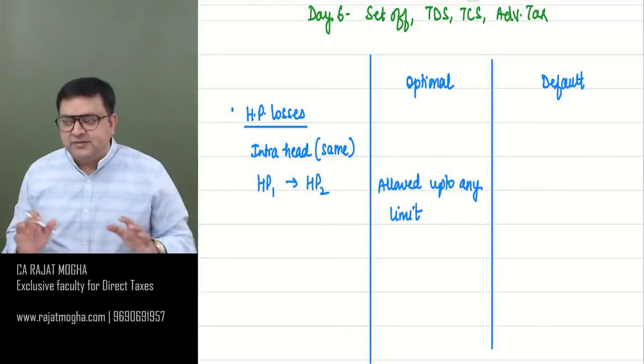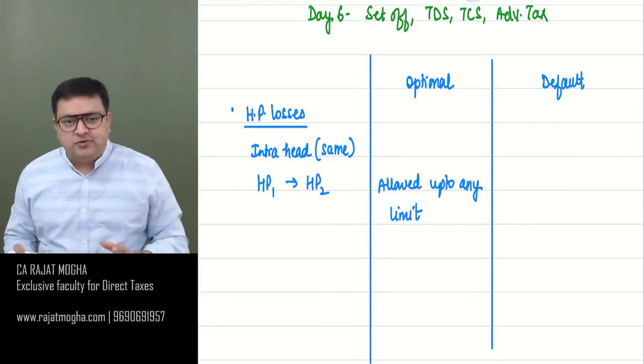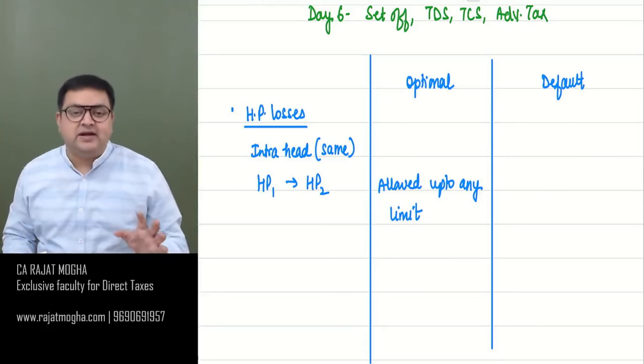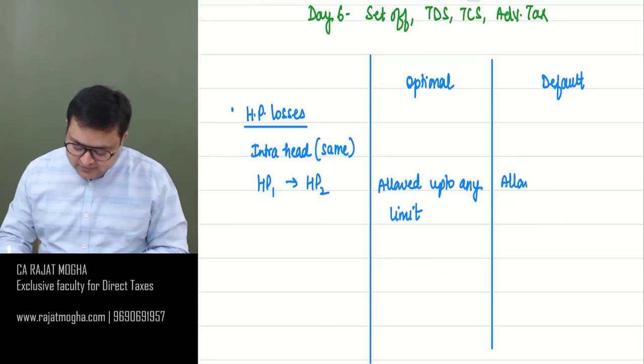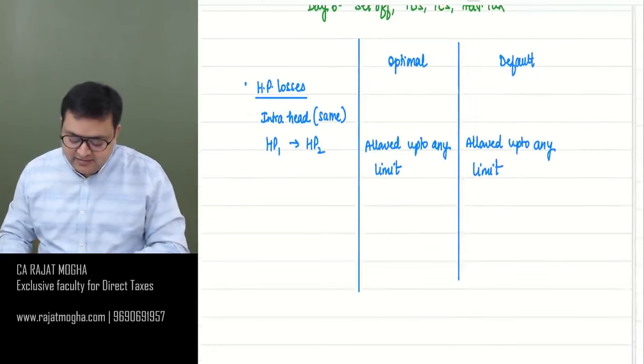So there is no such limit like 2 lakh, 3 lakh, 4 lakh. No, you can set off any amount of loss intra head, same head. And it is the same in default regime also. It is allowed up to any limit if it is same head.